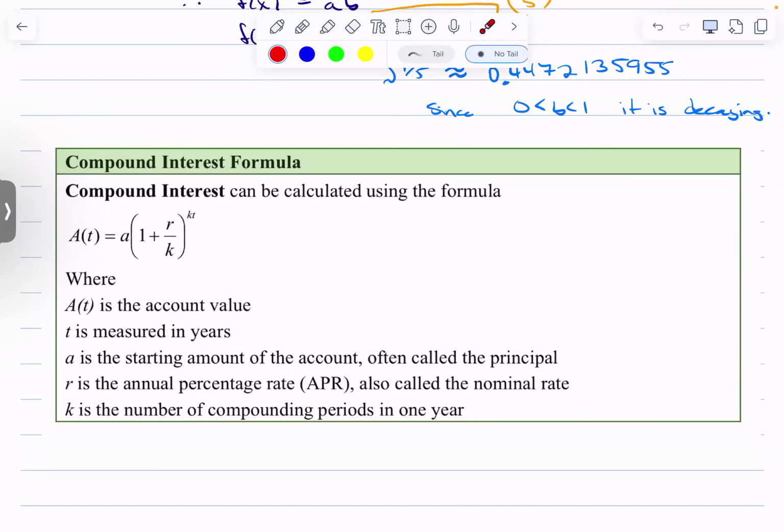Okay? Surprisingly not as fast as you would like it to snowball, but it does grow and you earn interest on more and more money, the more interest you earn. And so that's what the compound interest formula does. And it's just kind of nice to know just some financial math.